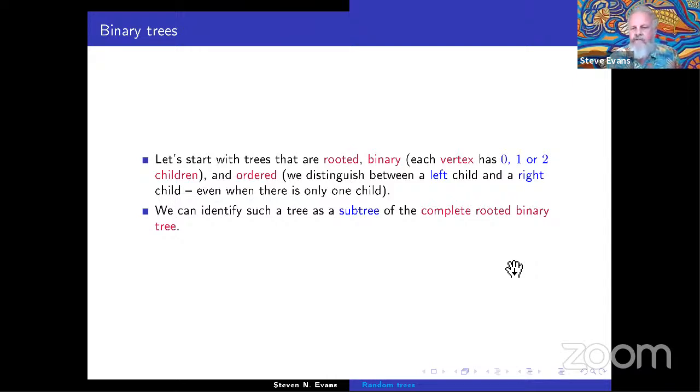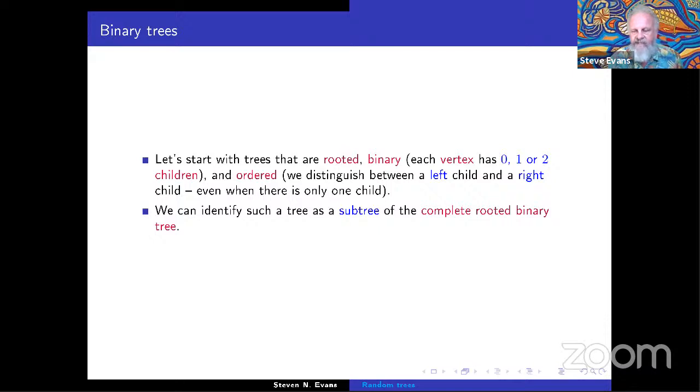Okay, so I want you to keep that example in mind, and now we'll just leave probability behind for a little while and start talking about some formalism with trees. The sort of trees that we're going to be talking about for most of the time are rooted. They're binary, so each vertex has 0, 1, or 2 children.